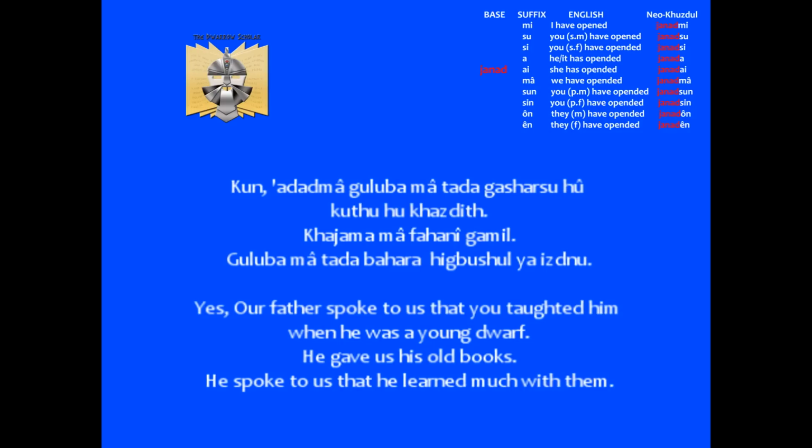So Guluba ma means he spoke to us. Earlier we saw kalatmi izni, meaning I heard them. You might recall I said that izni is the female version of them, while iznu is the male version of them. So iznu means with them, being the male version, or at least one of that group is male.